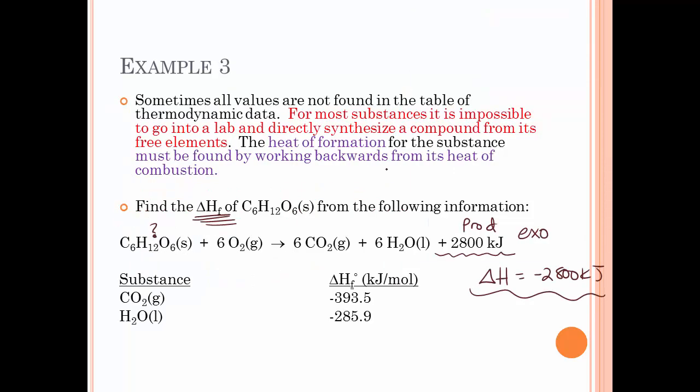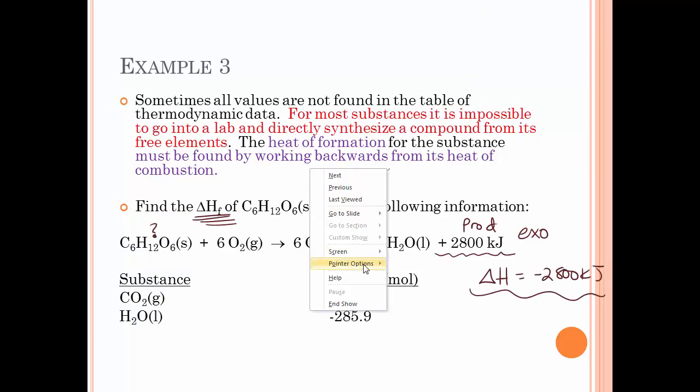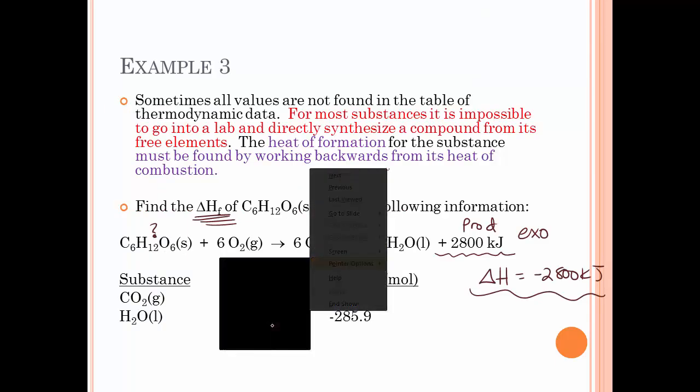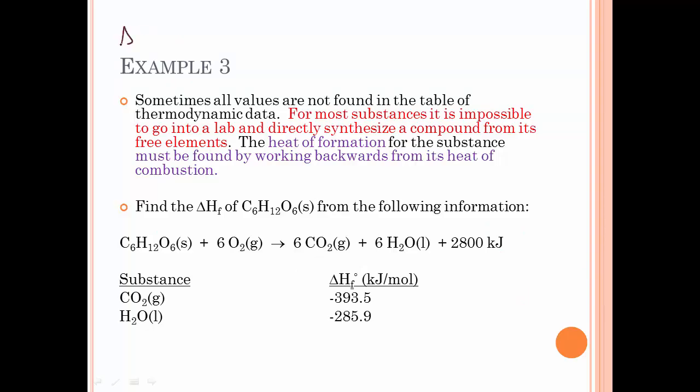So we're going to keep that in mind as we solve for the delta H of this chemical right there. The delta H of this reaction, again, is negative 2,800. We're going to still do products minus reactants and multiply by coefficient.